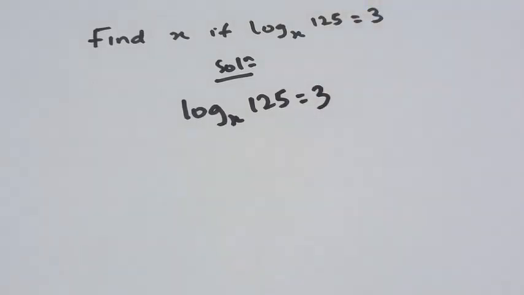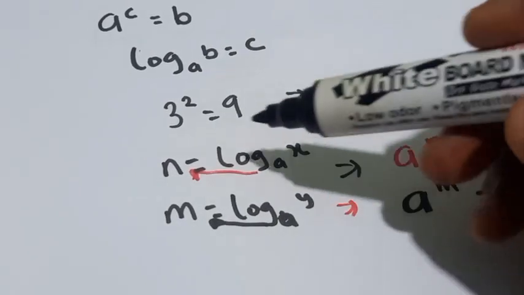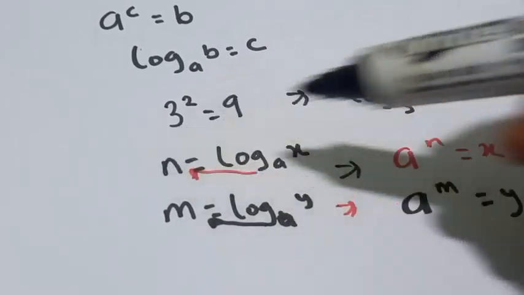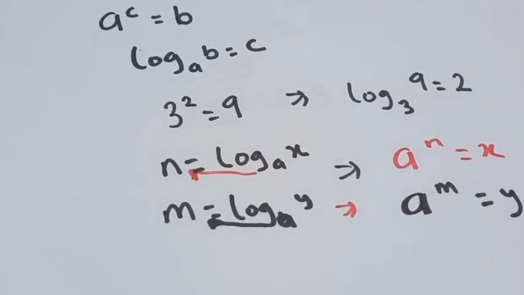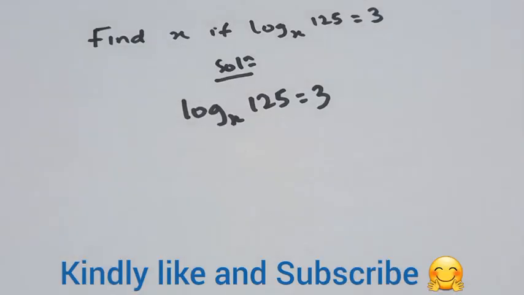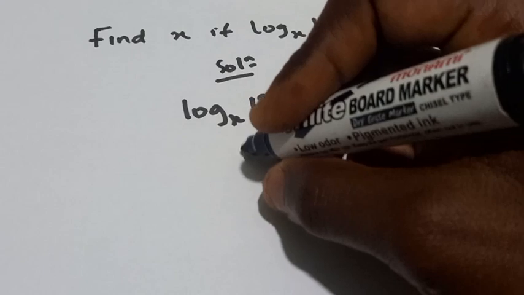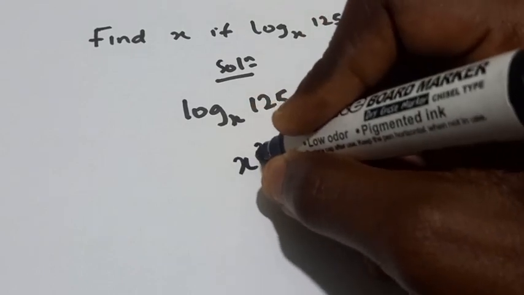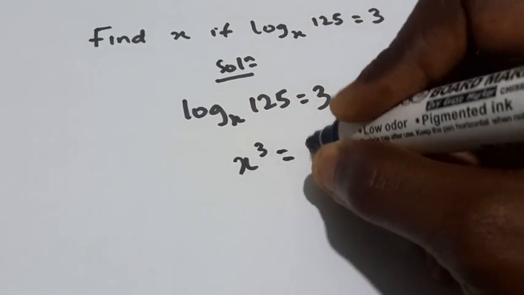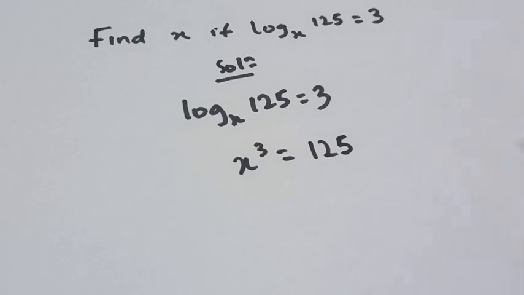We know that from the introduction, the a will raise up the n as the solution. Are you getting it? So x will raise 3 up. Then x raised to the power 3 is equal to 125.